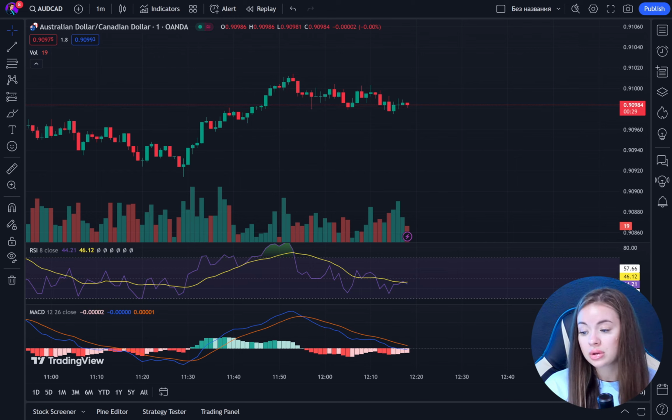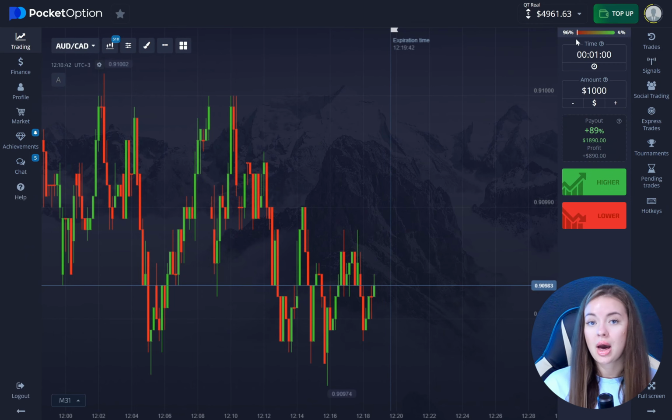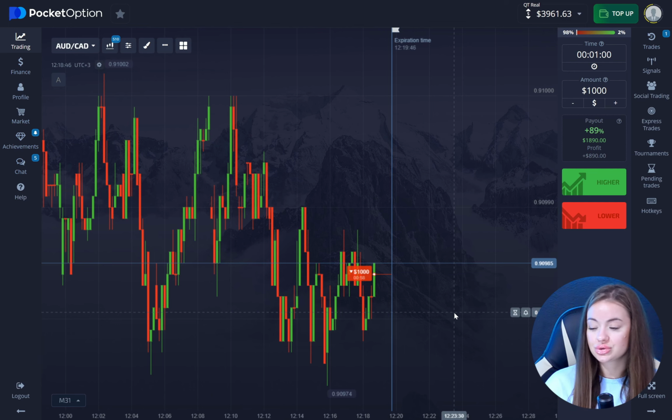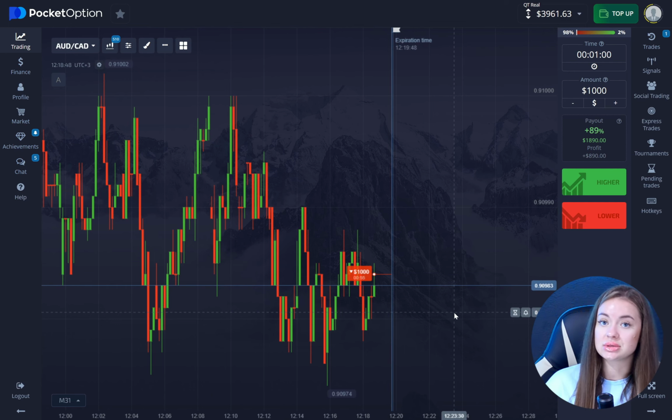Stable trading volumes on bearish candles also support this scenario. All these factors together create favorable conditions for opening another short trade. I switch to Pocket Option and open another short trade with $1,000.